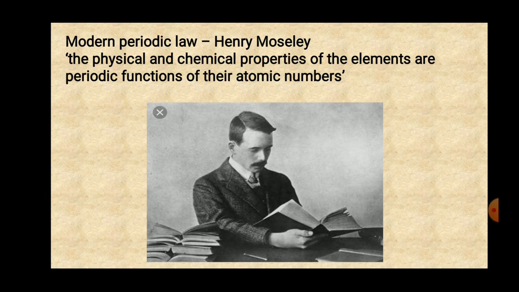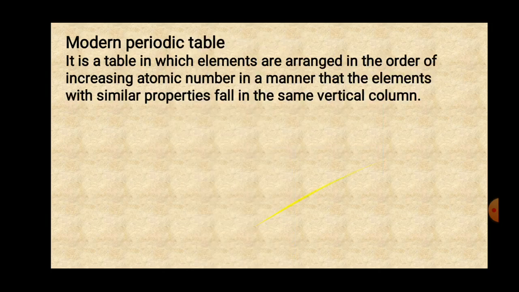But Henry Moseley, after several experiments, proved that elements are arranged based on the increasing order of atomic numbers, not atomic mass or atomic weight.